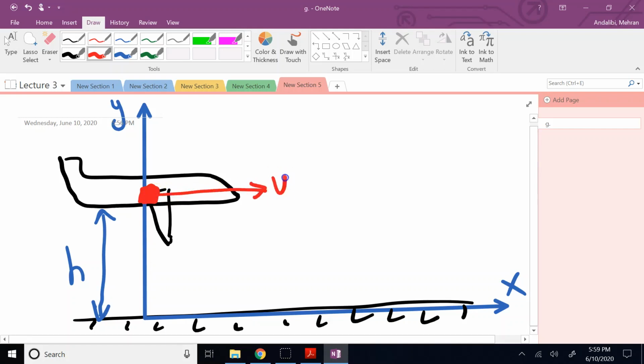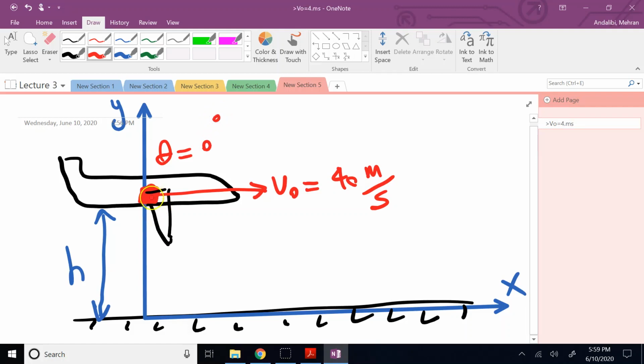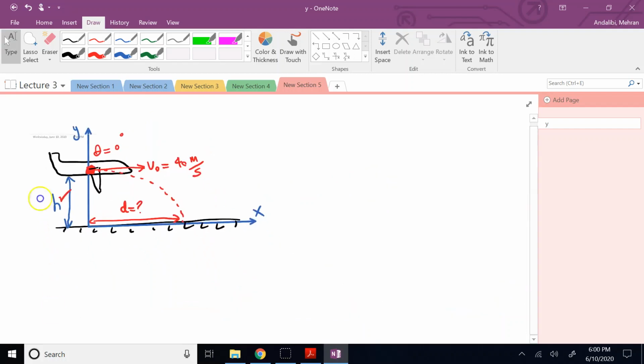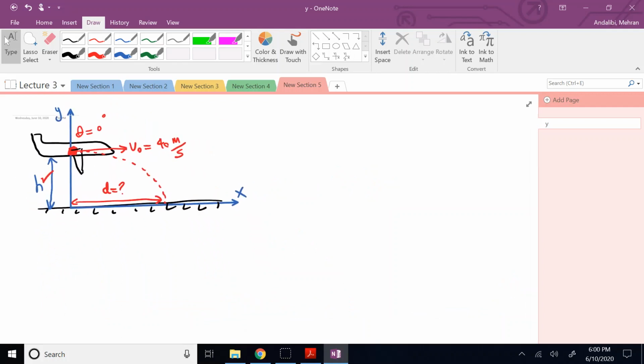It is released with the launch velocity, or the speed of the airplane, which is 40 meters per second. And clearly the launch angle here is 0 degrees, right? Because I'm releasing it horizontally. And as we know, it is going to go through a parabola and hit the ground here, and I want to find this distance d. So this h is a given parameter. So your d will be found in terms of h and 40. So this is my projectile problem.